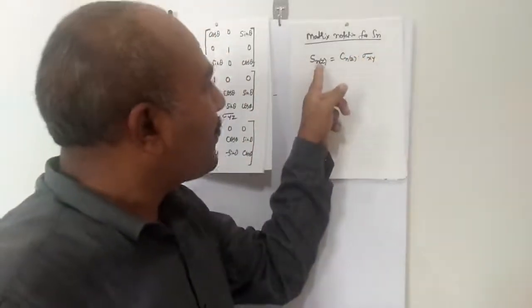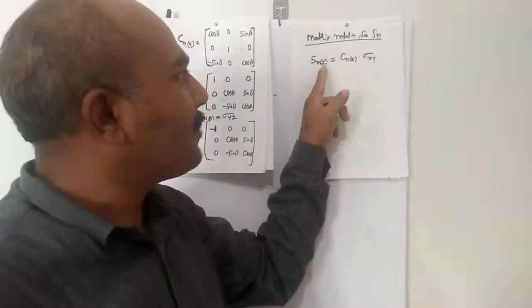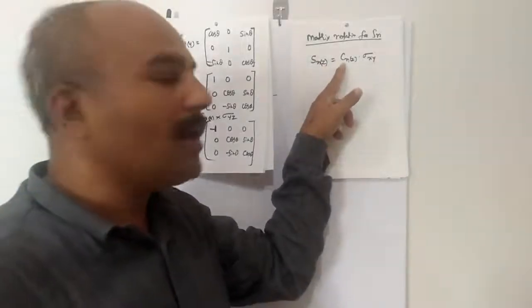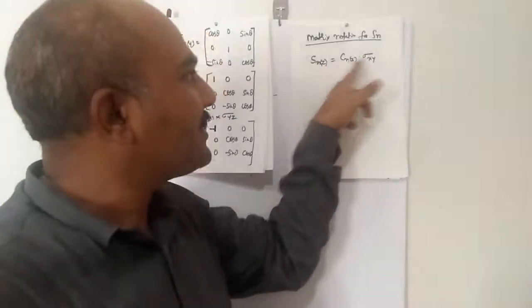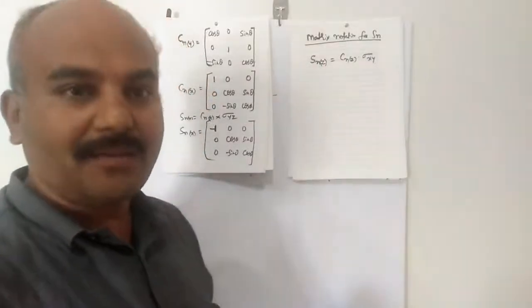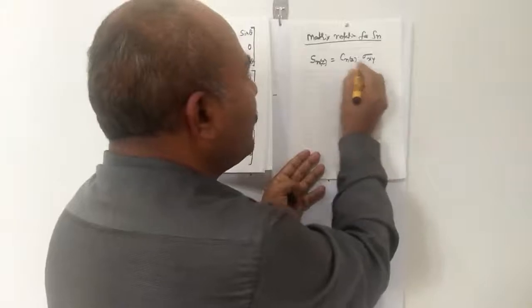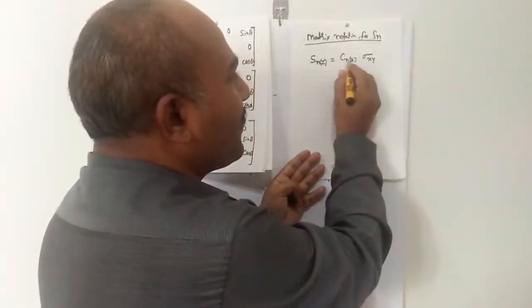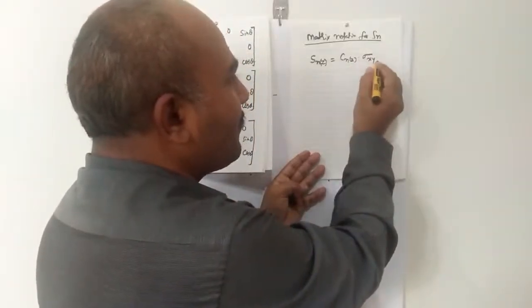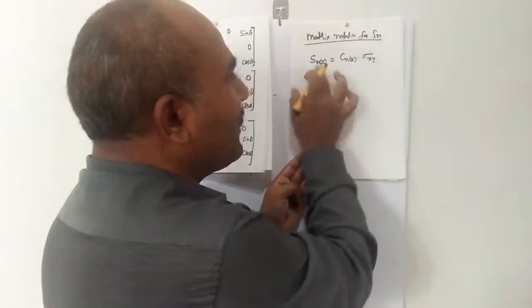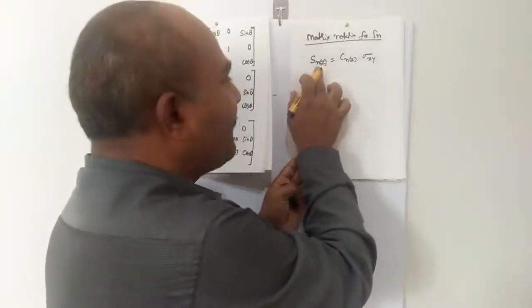The improper rotational axis along the Z axis is obtained by rotating the molecule along the Z axis and taking the reflection perpendicular to the Z axis. This we know. Hence we can write the matrices directly for CNZ and sigma xy. Multiply those two matrices, you will get the matrix notation for the SNZ.